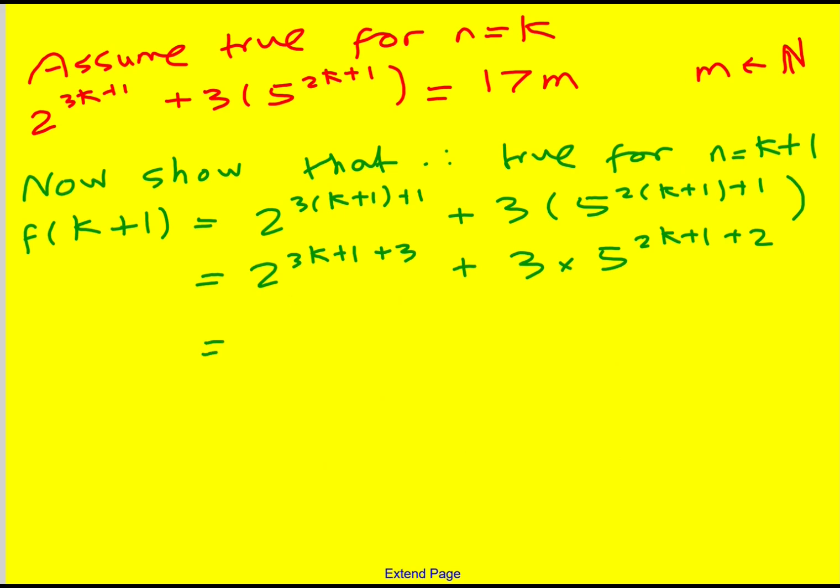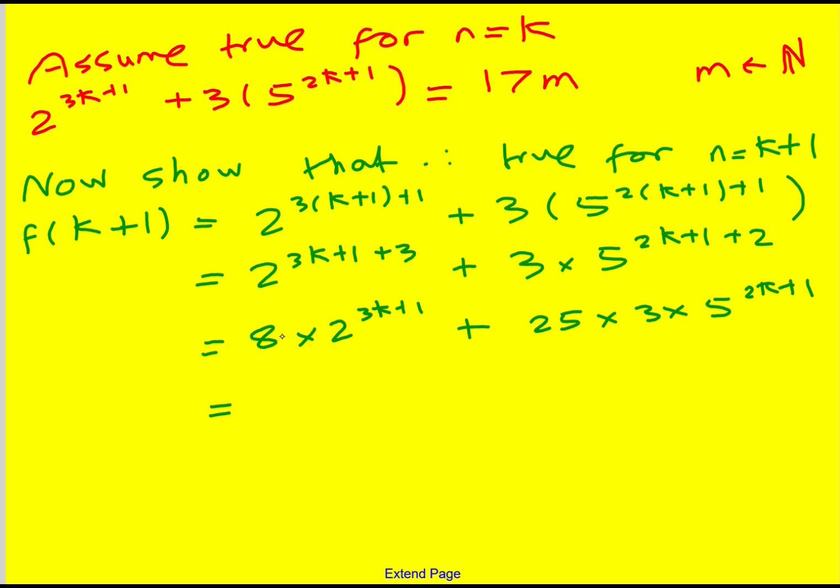Okay, time to bring these down. I can just go straight for it and write this as 8, because it's 2 to the 3k plus 1 times 2 to the 3. So that's just 8 lots of 2 to the 3k plus 1 plus 25 lots of 3 times 5 to the 2k plus 1 for similar reasons.